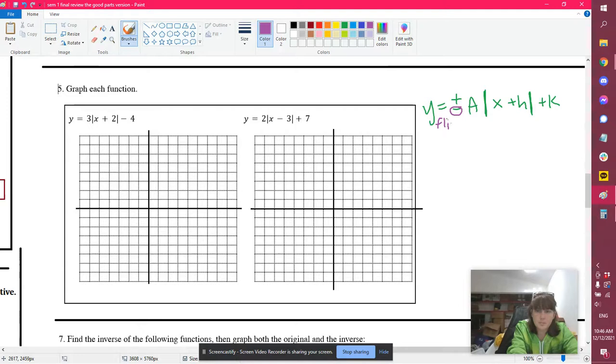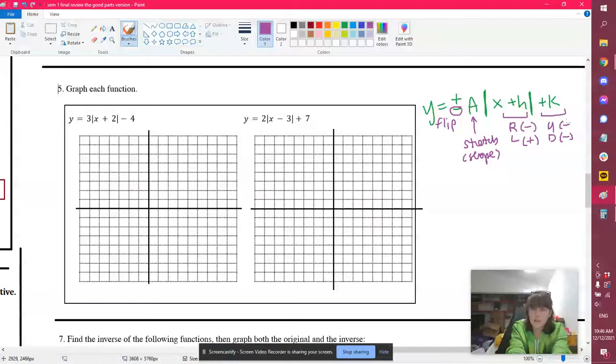This is a flip. This affects your stretch or your slope. The stuff inside whatever your equation is the left or the right. Right is when it's negative, left is when it's positive. And the stuff outside of your equation, whatever it is, is up or down, where down is negative and up is positive.